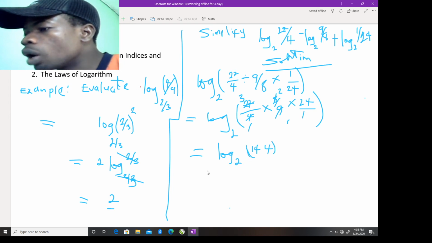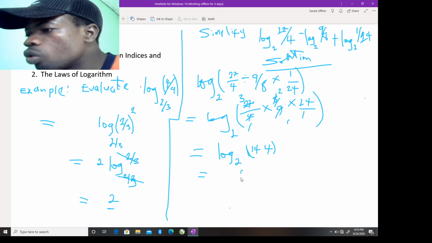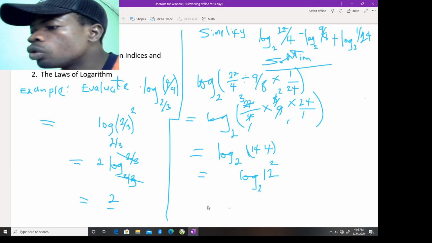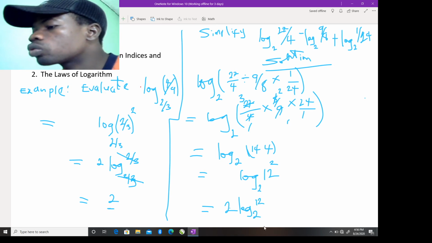base 2, and that is still equal to log 12 raised to power of 2 base 2. So that can now be equal to what? 2 log 12 base 2.